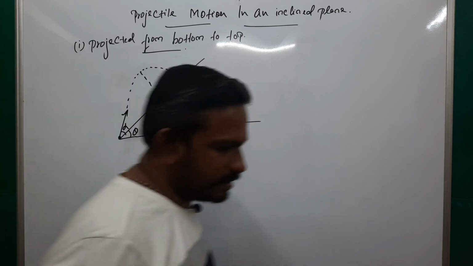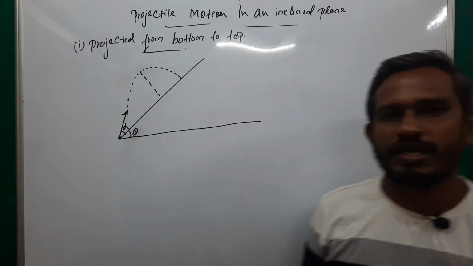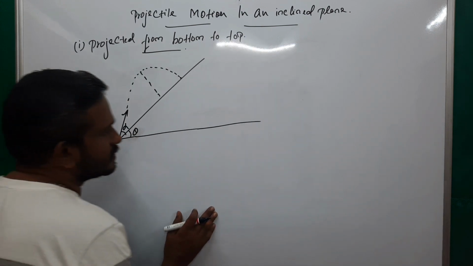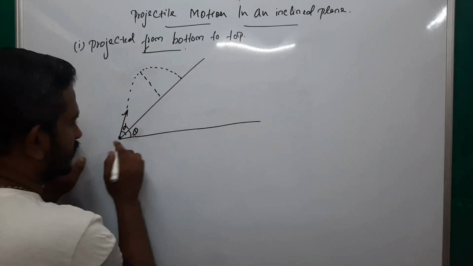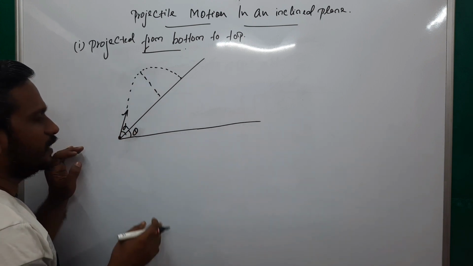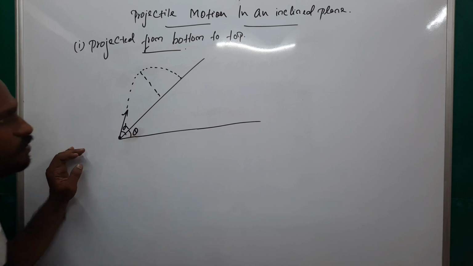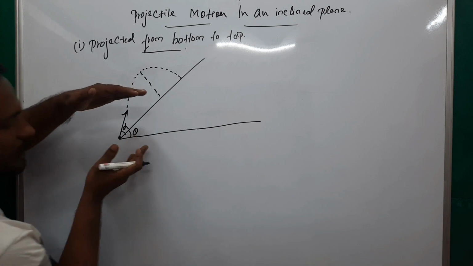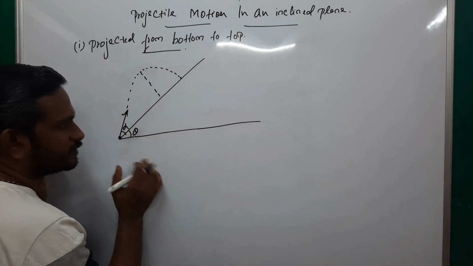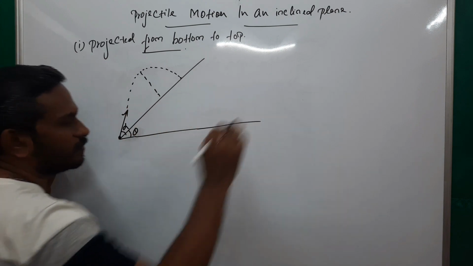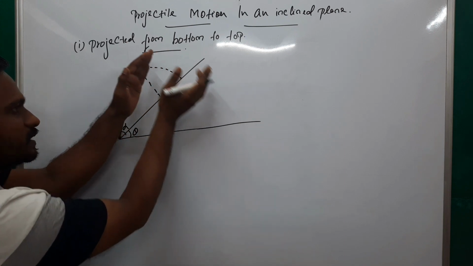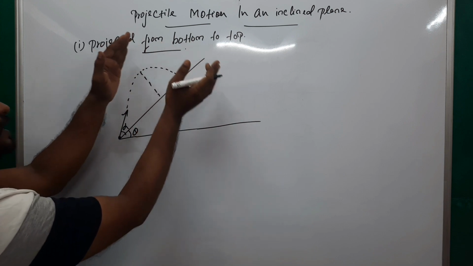Now the question is, what about the x-axis and y-axis here? In the inclined plane, what about the x-axis and y-axis? In the initial case we took the x-axis along the horizontal. Actually, we imagined the horizontal plane, so the x-axis is through the horizontal. Now this horizontal plane is tilted, that is inclined at a certain angle.